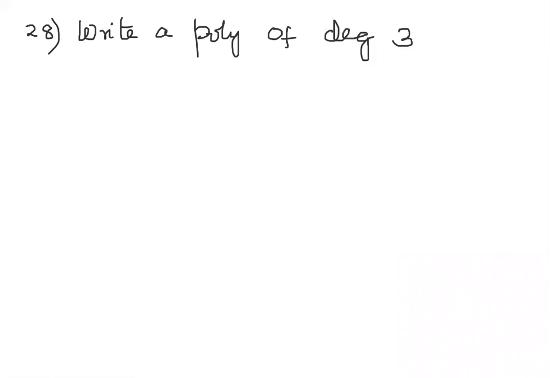Next, number 28. Write a polynomial. So we are going to write a polynomial of degree 3 with the conditions, with the zeros negative 8i and 8 over 7.